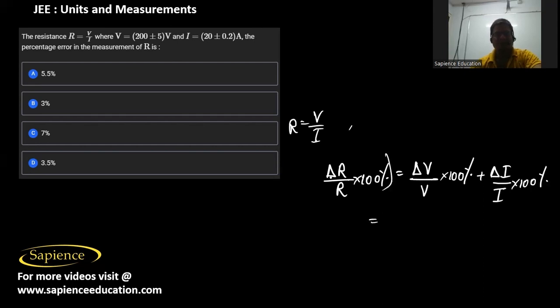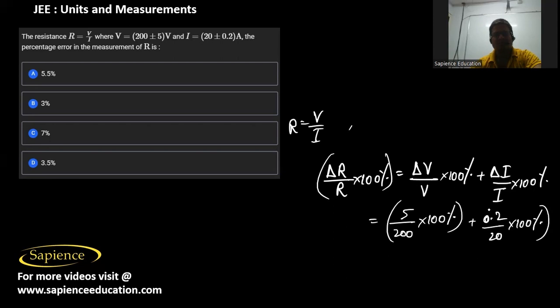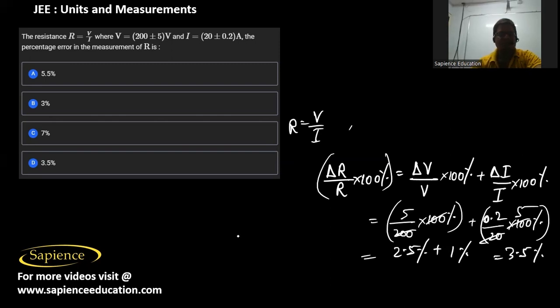So the percentage error in the measurement of R is 5 by 200 into 100%, that is 2.5%, plus 0.2 by 20 into 100%, that is 1%. So this will be 3.5%. Option D is the correct answer.